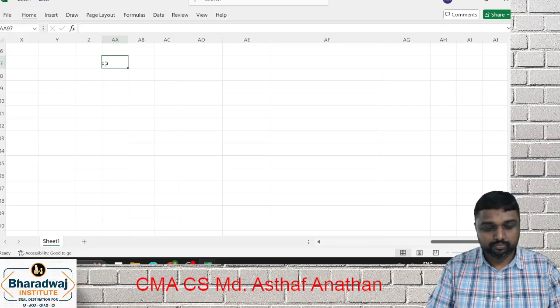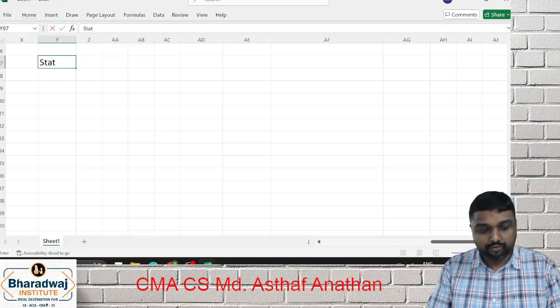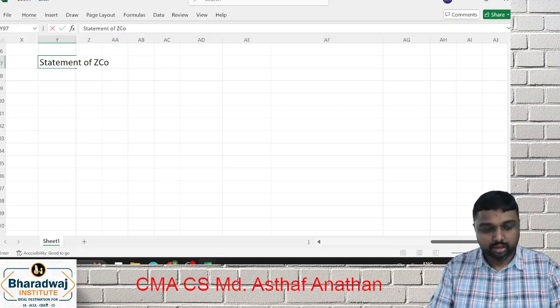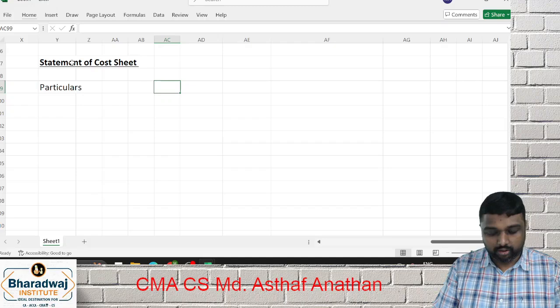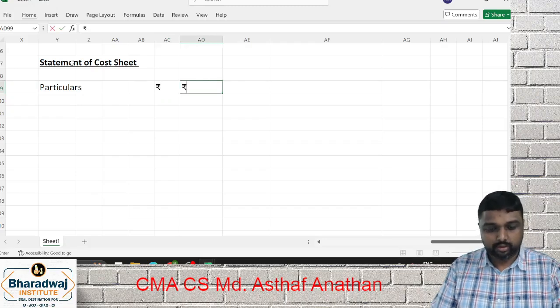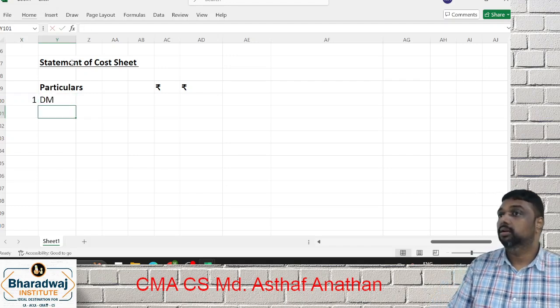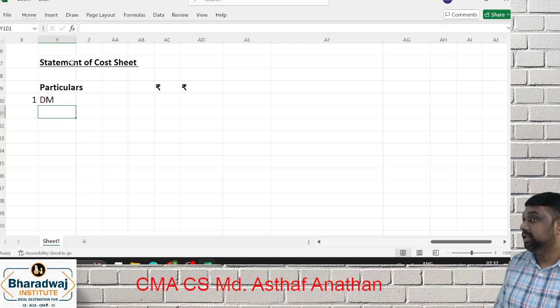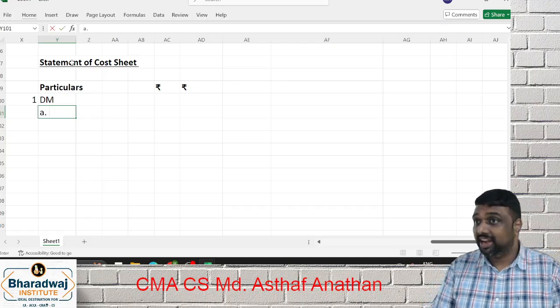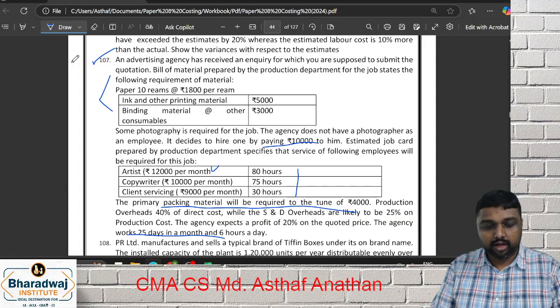So we'll go for the statement of cost sheet. We can go for the data. First we will have direct material. In that direct material, we have to take each item of material. What are all the items of material?